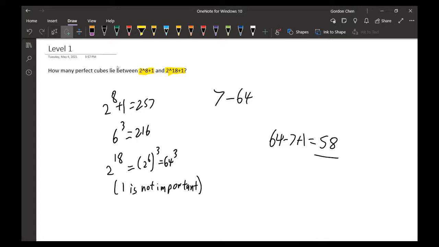So we have that this is 64, and so the number of perfect cubes that lie between these two numbers is basically just similar to the numbers between 7 through 64, and the total amount of numbers between 7 and 64 is 64 minus 7 plus 1, which is 58.